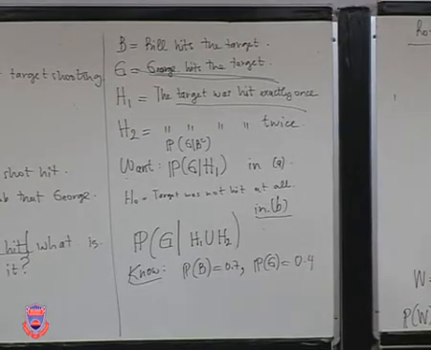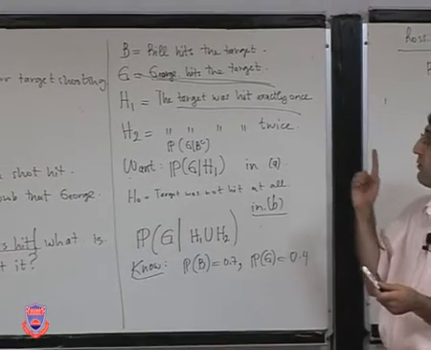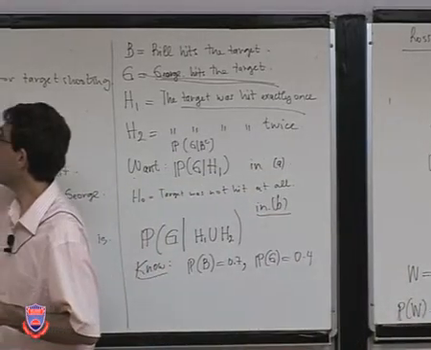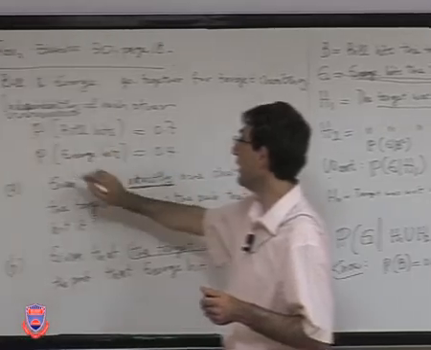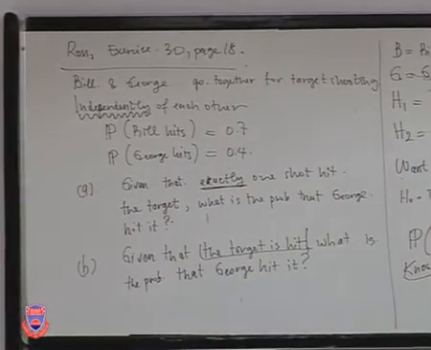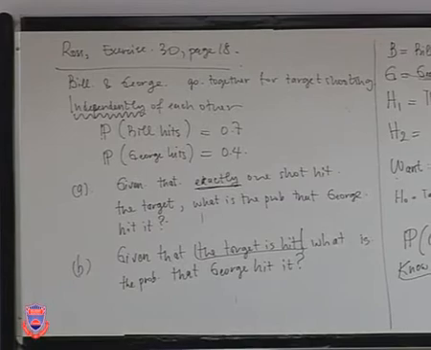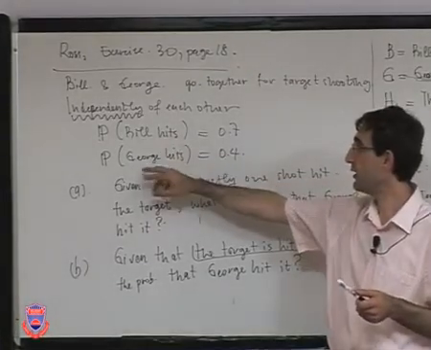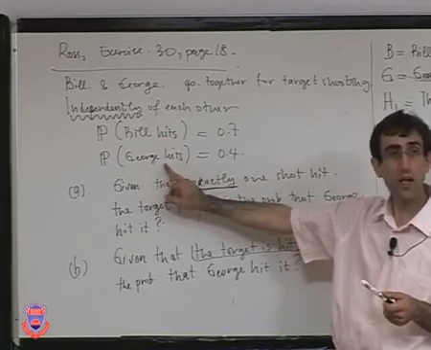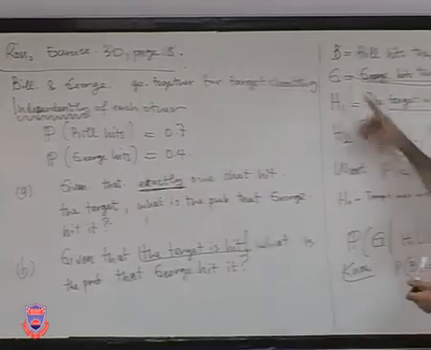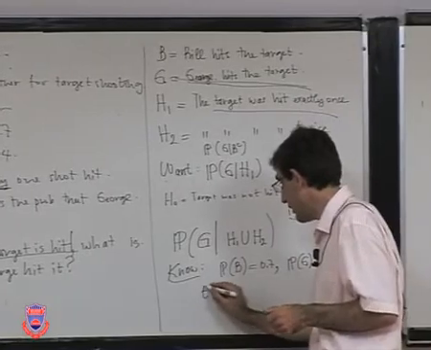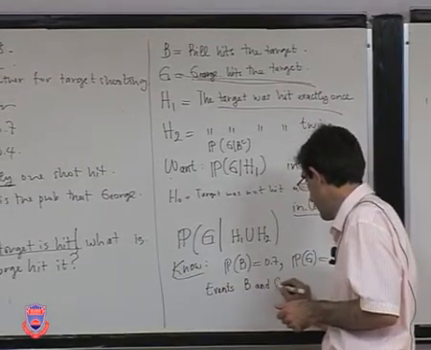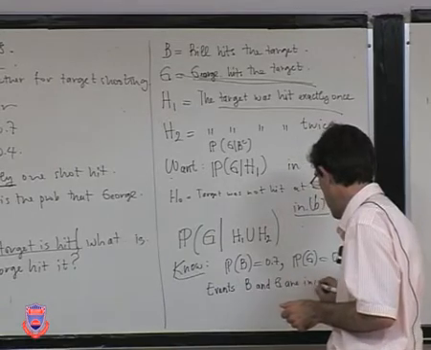There is something else hidden over there: the events that Bill hits the target and George hits the target are independent of each other. Namely, events B and G are independent.